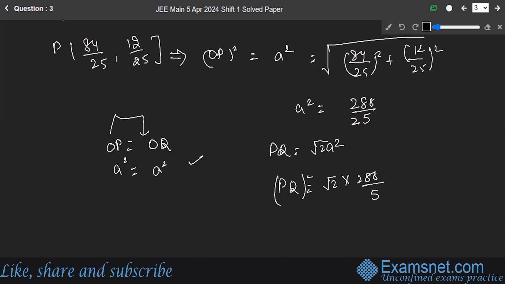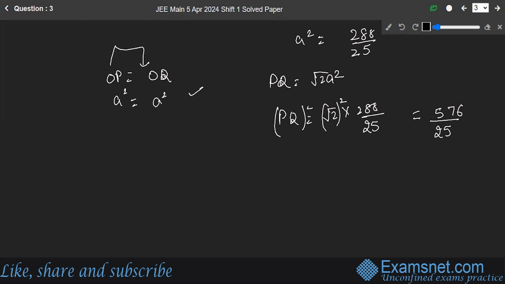Okay. Let's do the square of it. This will be given by 576 upon 25. This is the value of PQ square.